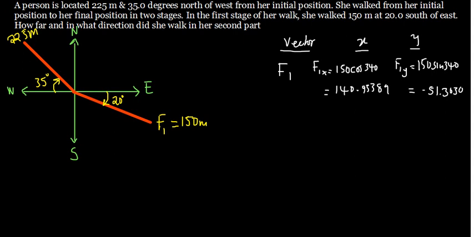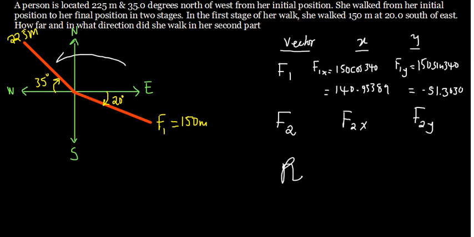Now the second walk F2, we don't know it. That's the one we've been asked: how far and in what direction did she walk in the second part? So the x component, I'm just going to call F2x, and the y component F2y, because we don't know. But the resultant, after she walked the first time and the second time, is the final position.